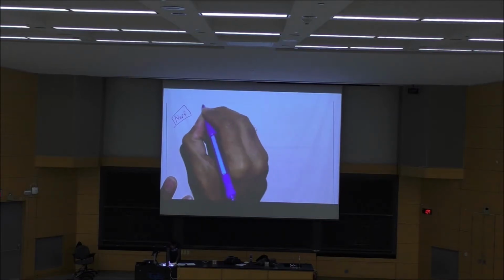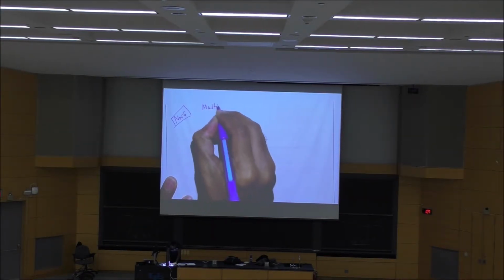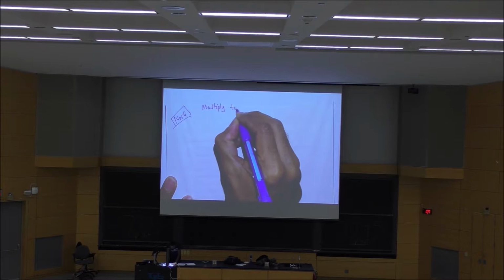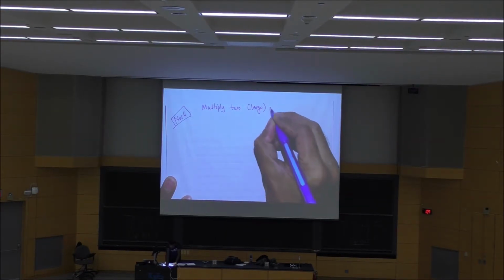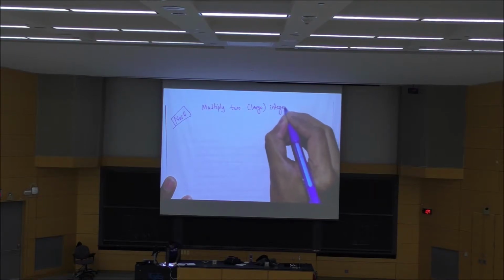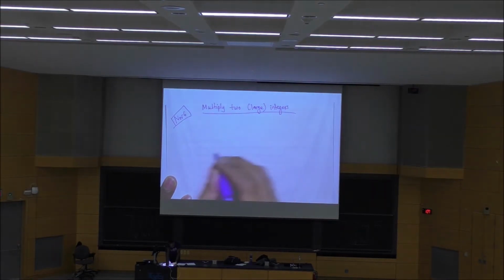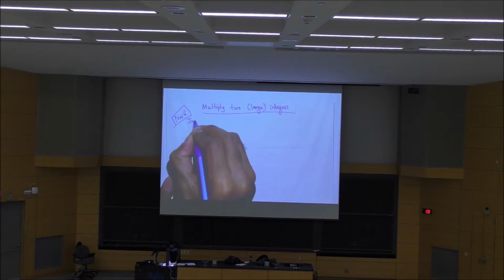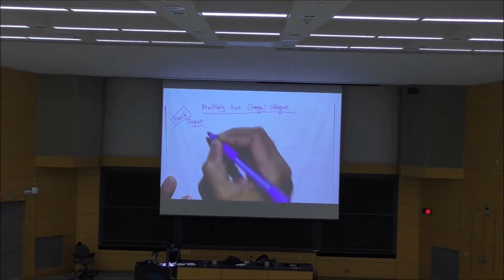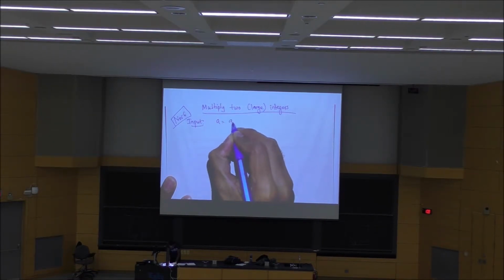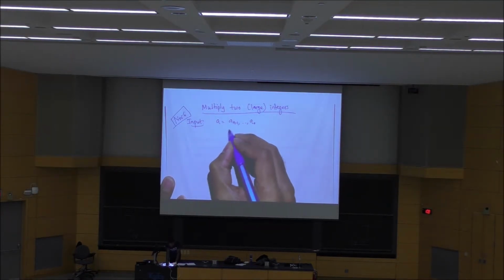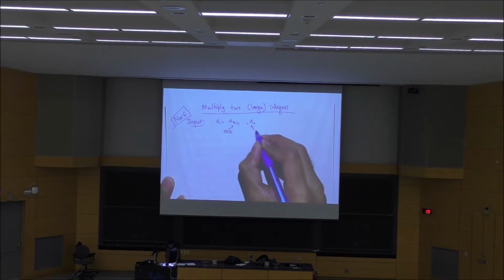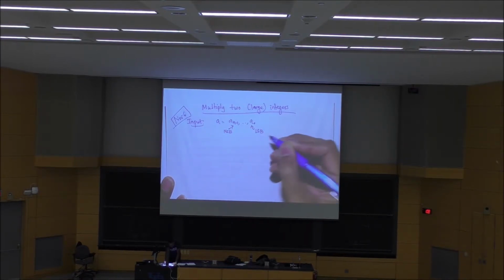All right, so we are trying to multiply two, and I want to clarify it's large integers. And so my input is two numbers, A. The n minus 1th is my most significant bit, and A0 is my least significant bit.